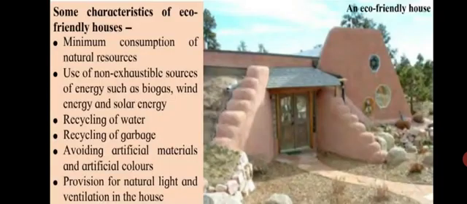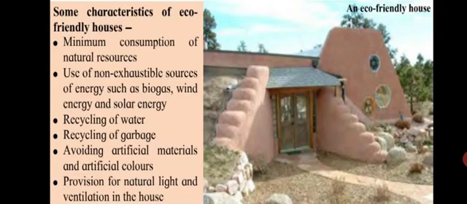Some characteristics of eco-friendly houses: minimum consumption of natural resources, use of non-exhaustible sources of energy such as biogas, wind energy, and solar energy, recycling of water, recycling of garbage, avoiding artificial materials and artificial colors, provision for natural light and ventilation in the house.